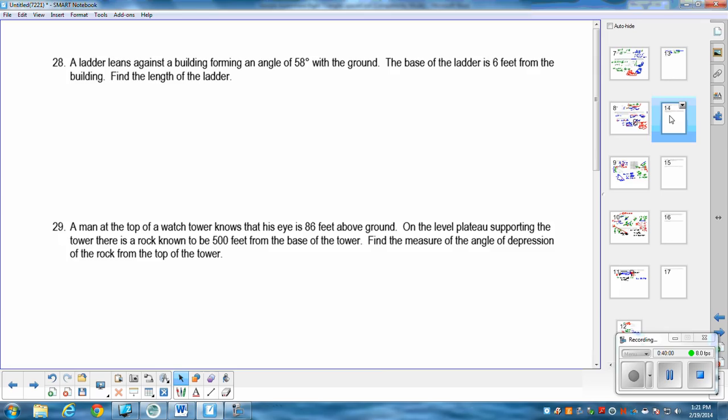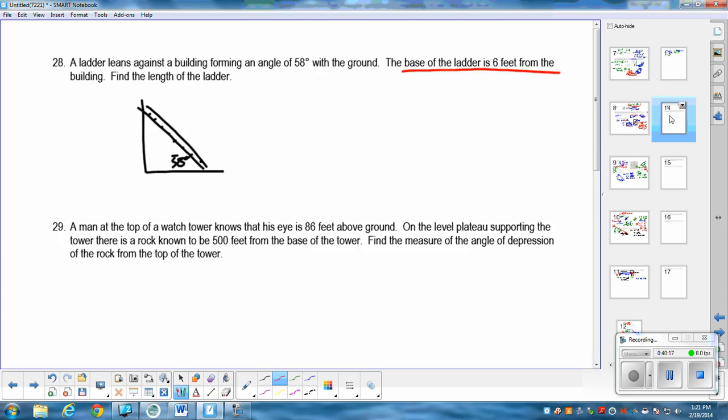28, a ladder leans against a building. Here's the building, here's the ladder. We know this makes a 58-degree angle with the ground. We know that the base of the ladder is 6 feet from the building, and we would like to know the height of the ladder. So the length of the ladder is right there, the building being the opposite side to the 58-degree angle.